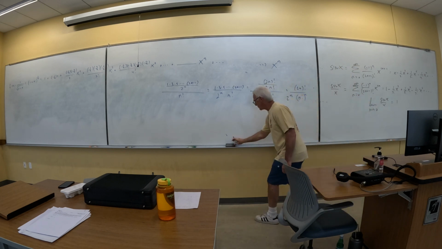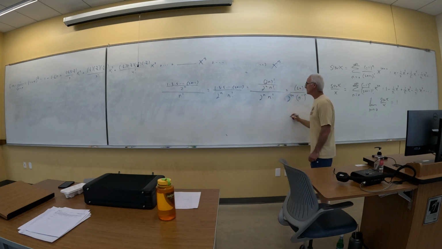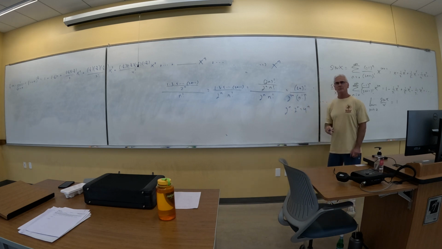Oops, 2 to the 2n. Or, could I write that as 4 to the n? Which one's better? Does it make any difference which one? No. I can write it as 2 to the 2n or 2 squared to the n. Okay? It doesn't make any difference whatsoever. Just pick one.